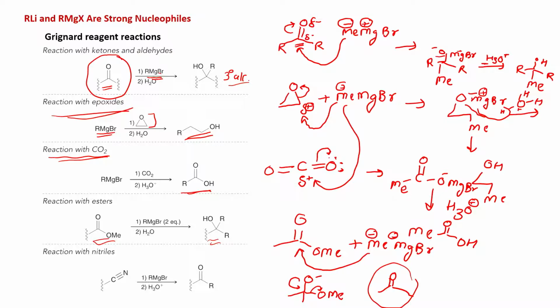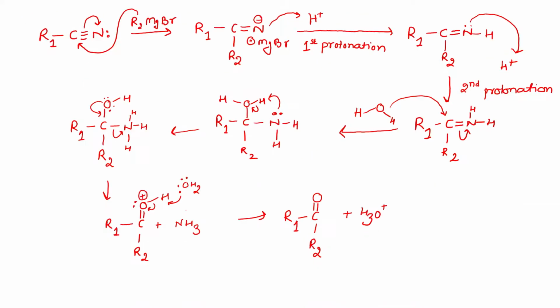And reaction with nitrile will give you ketone, and the mechanism I have shown you here. Nitrogen will withdraw electron, then this R2 will react here, will give you first your product, and further protonation, first protonation happens, second protonation happens, and finally there is loss of ammonia gas and finally your ketone.